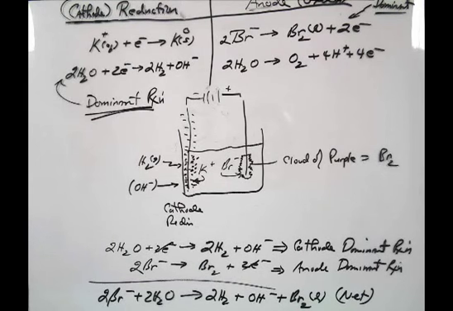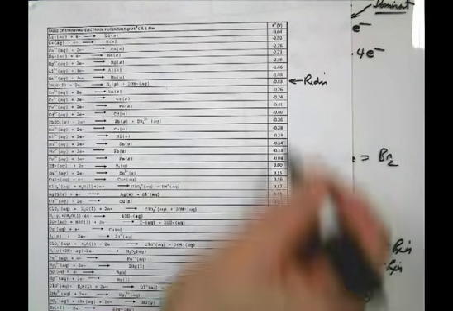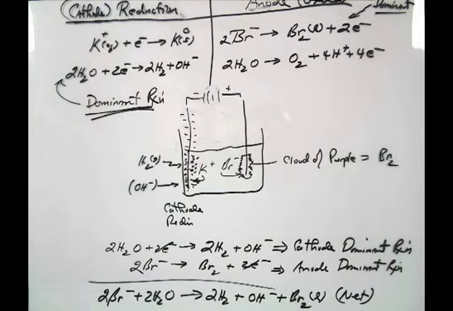Now, there's another way to deal with this in terms of reduction potentials. In the table, you see some numbers over here, and these are called electrode potentials, reduction potentials.